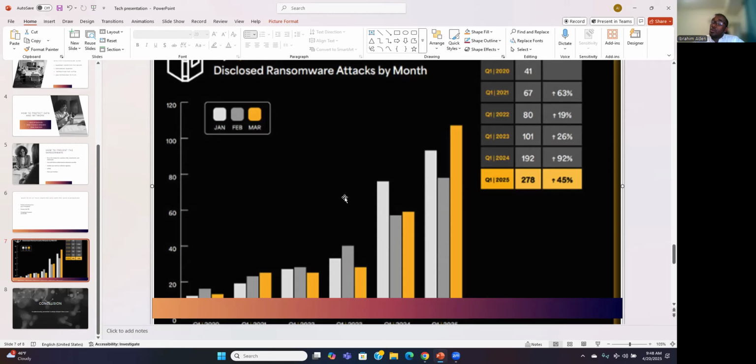It's always cheaper than to cure the ransomware problem. Prevention is always cheaper than cure.